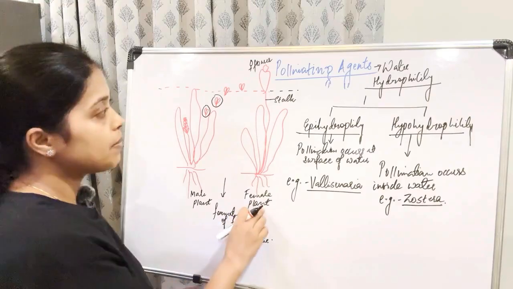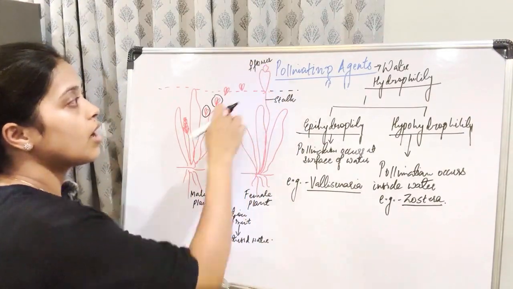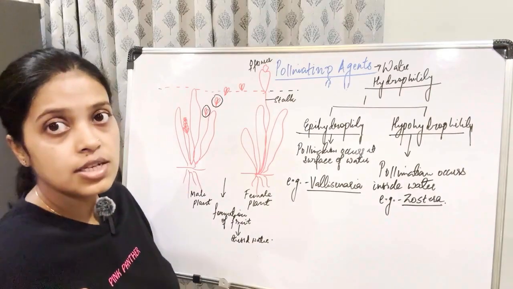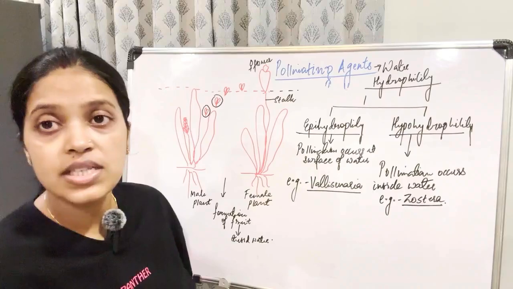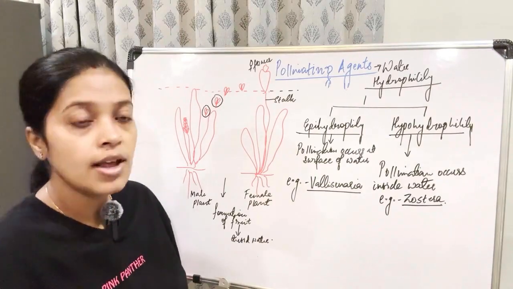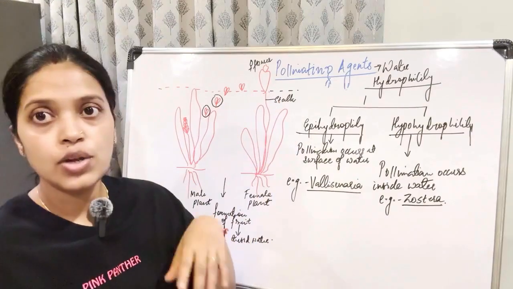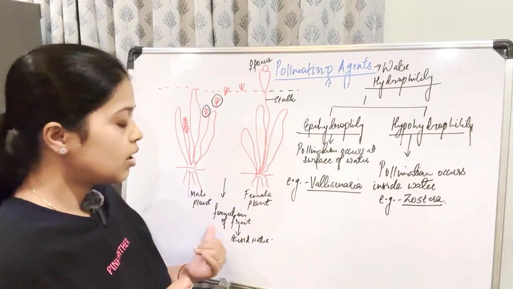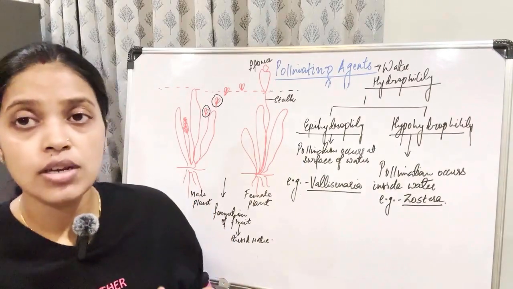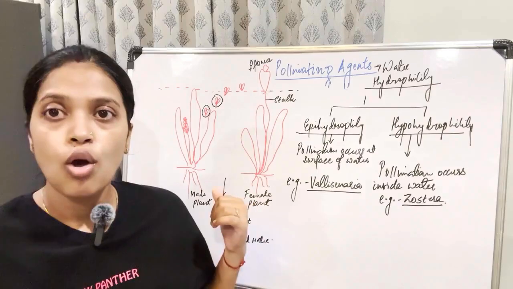In the female plant, the stalk length increases, and the female flower also floats onto the surface. So the pollen reaches the female flower and brings about the process of pollination. Once pollination is done, again the stalk length reduces and the flower comes down inside the water, and further formation of fruit and seed, everything happens inside the water.